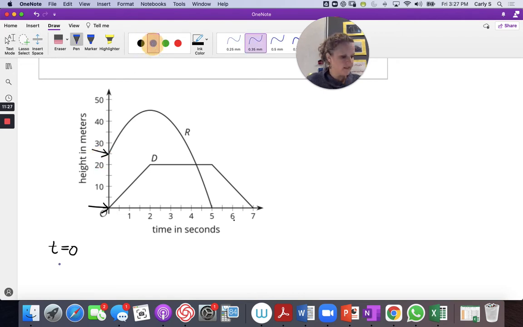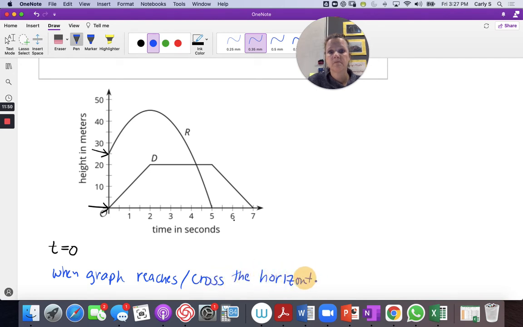And then we can say, let's say when the graph reaches or crosses the horizontal axis, very important, okay? So that point, and that point. They're very important parts.